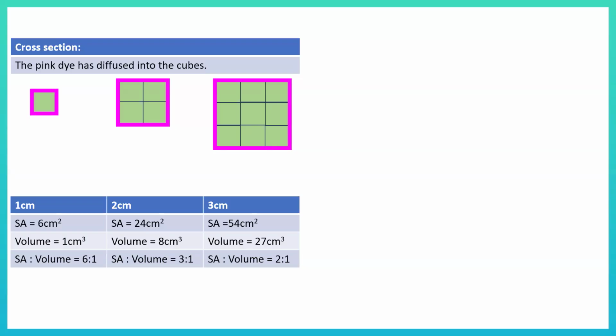So that would improve our diffusion into these cells, if you like. So it's all about the surface area that's in contact with this pink dye. That's what's important. And with these bigger volumes, it's just not effective.